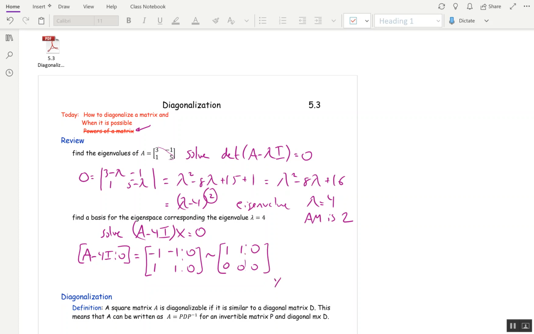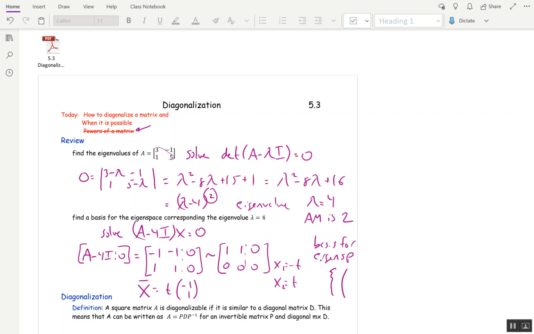So x2 is t, it's free, and x1 is -t. So a basis for the eigenspace is, let me back up, solutions look like x bar equals t times -1, 1. That's the set of all solutions.